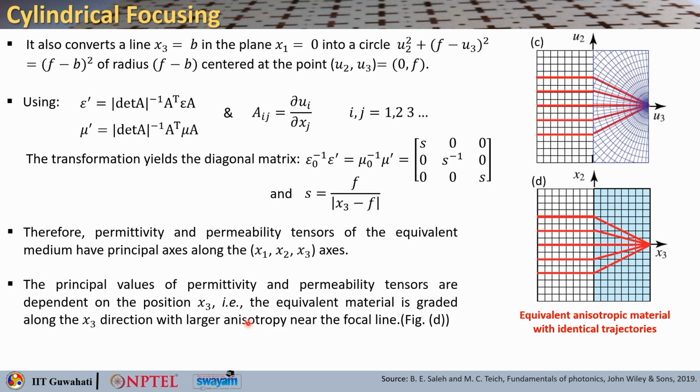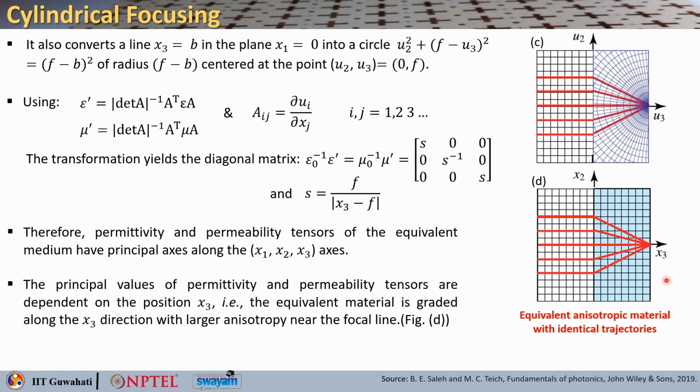So the principal values of permittivity and permeability tensors depend on the position x3, that is, the equivalent material is graded along the x3 direction with some larger anisotropy near the focal line, as you can also see here.